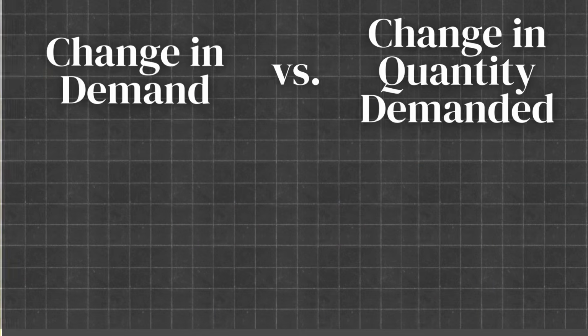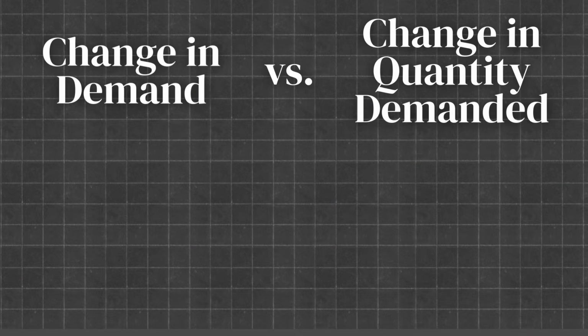Now, we need to make an important distinction between a change in demand and a change in quantity demanded. They sound very similar, so a lot of students get them confused, but they are totally different. When someone says a change in quantity demanded, they're talking about a change in quantity caused by a change in price.